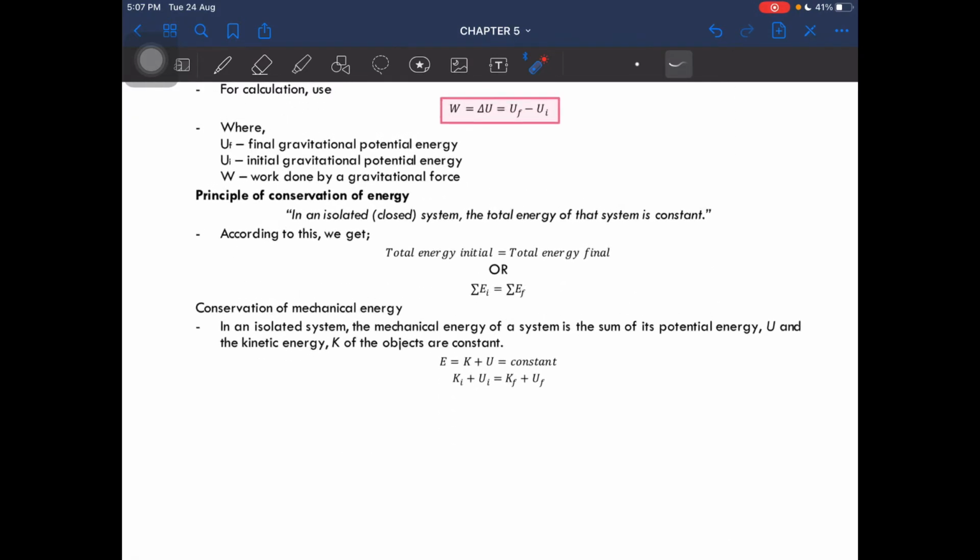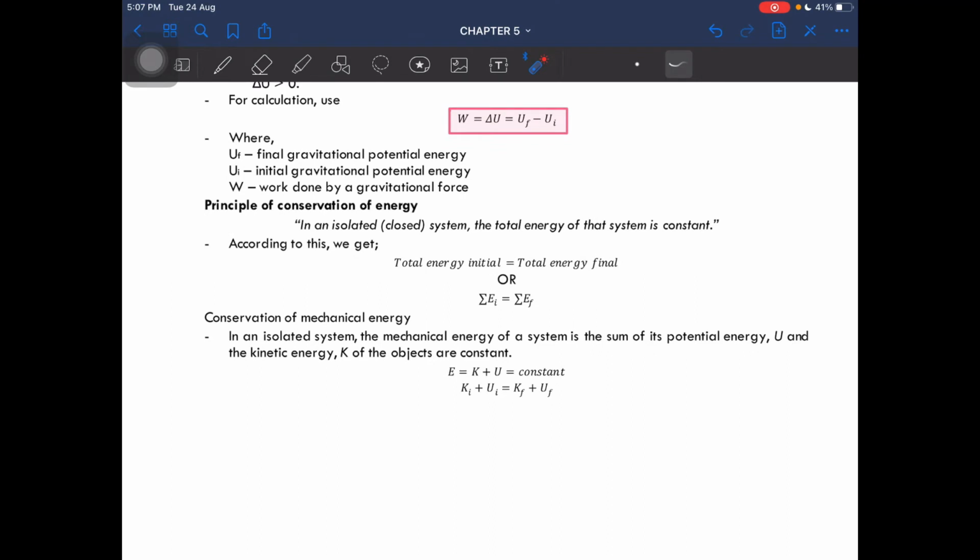So now, the principle of conservation of energy. What does it state? It states that in an isolated or closed system, the total energy of the system will be constant. It's kind of similar to the principle of conservation of linear momentum, but this one is for energy in general. So the initial total energy will be equal to the final total energy.